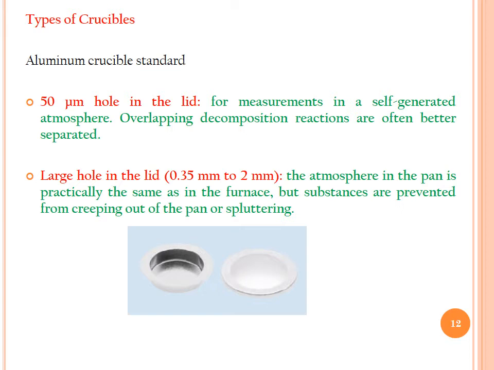Overlapping decomposition reactions are often better separated. Large hole in the lid, that is 0.35 mm to 2 mm. The atmosphere in the pan is practically the same as in the furnace, but substances are prevented from creeping out of the pan or sputtering.